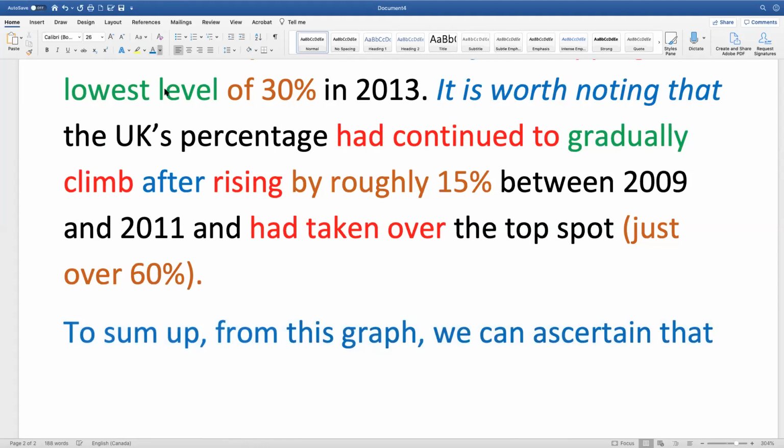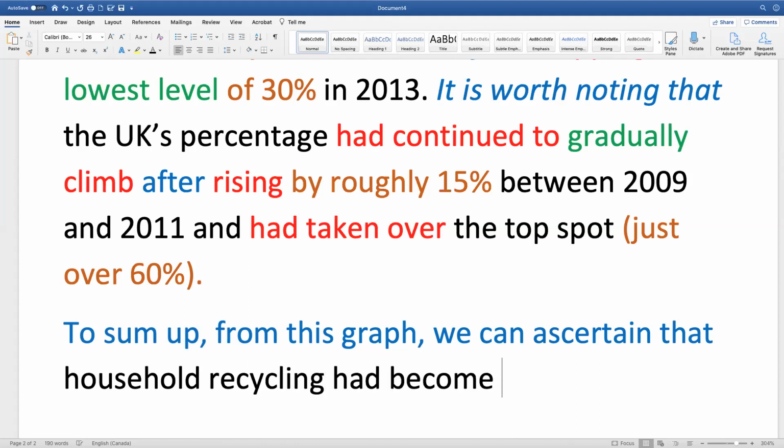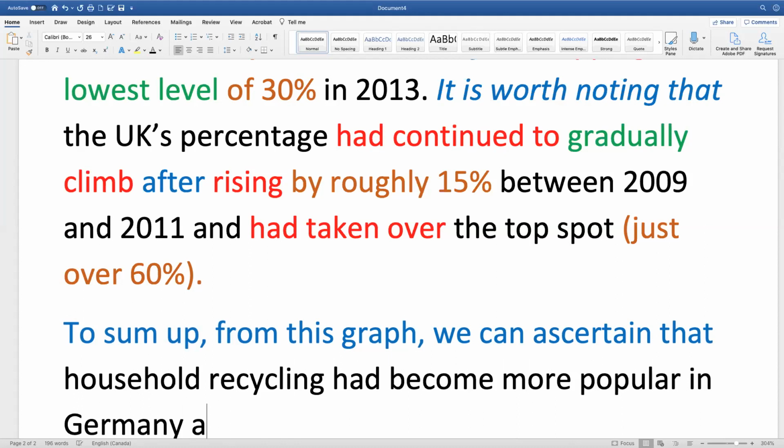We can ascertain that household recycling had become more popular in Germany and the UK.